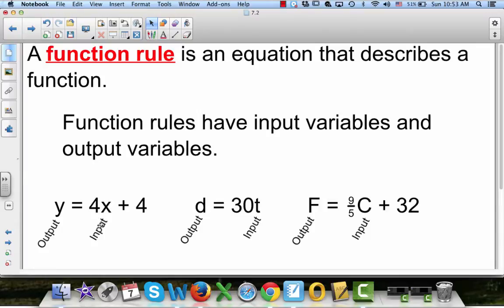The reason it's called that is because you put in a value for x, you work this out, and you get out a value for y. Over here, you put in a value for t, you work it out, and you get out a value for d. And the same thing over here. You put in a value for c, and you get out a value for f. So we have input variables and output variables.